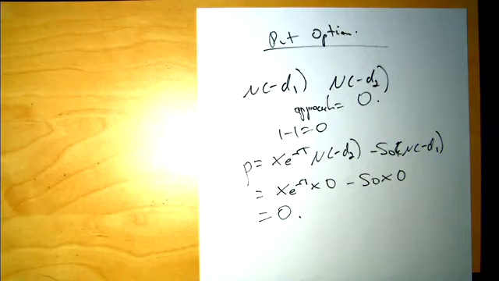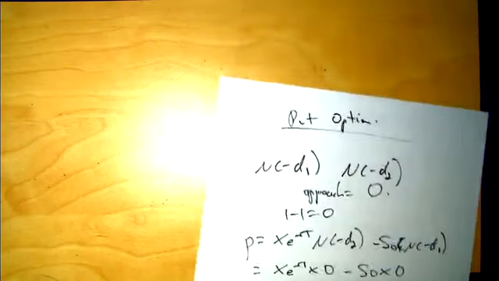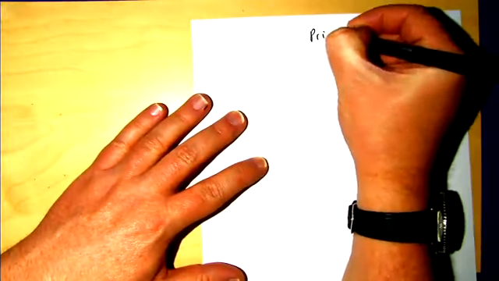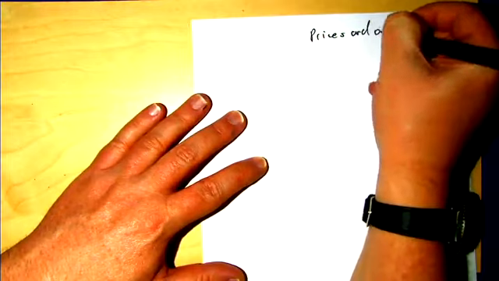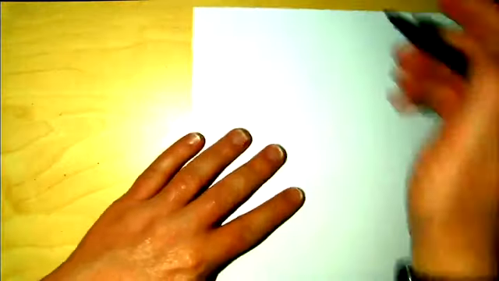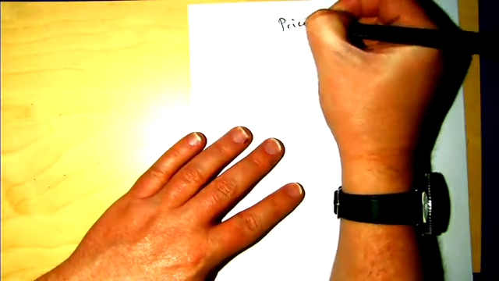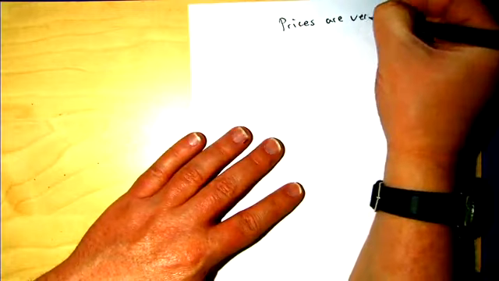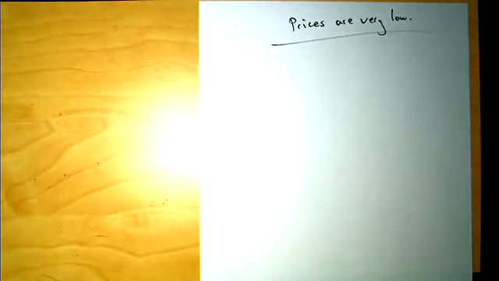Okay, so that's if prices are very high. Obviously, if prices are low, we're going to get the opposite. So if prices are low, what do we expect to happen to the call option? How much should it be worth?